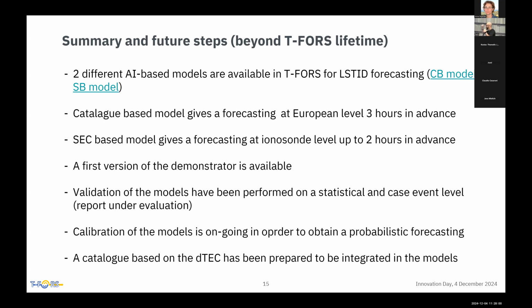So the output will be a probabilistic forecast, not only a classification forecast. And then we prepared the detrended TEC catalog in order to integrate the catalog of large-scale TIDs that the Ebro colleagues provided, to be more accurate in saying whether we have a large-scale TID or not. And this is all from my side.